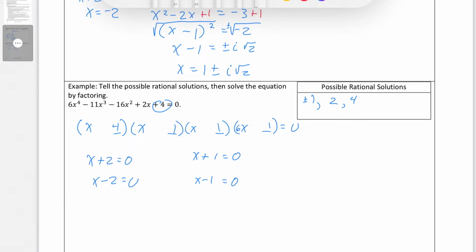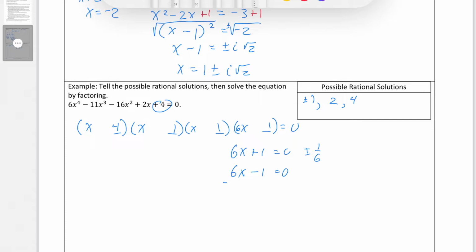And if one of those factors was a 6x with a 1, then that would indicate to me that there might have been 6x plus 1 or a 6x minus 1, either one. And I would set that equal to 0. And if I did that, then that would give me an eventual solution of either negative or positive 1/6.